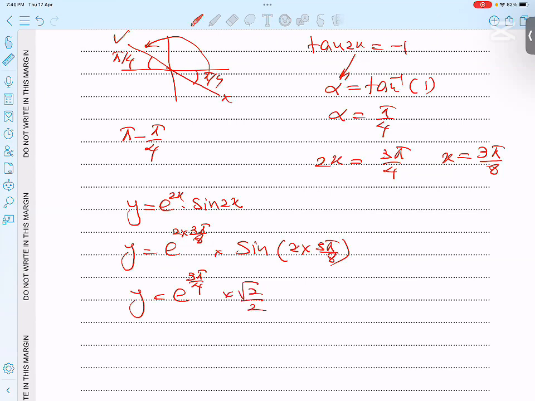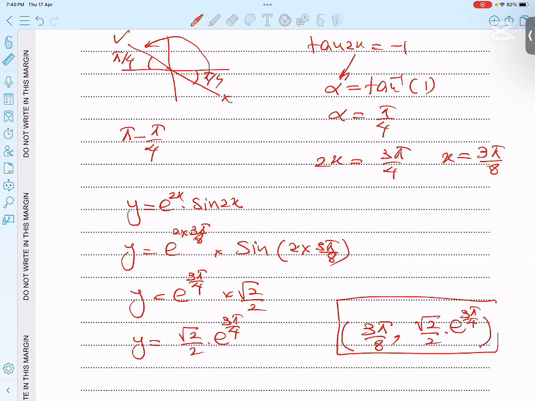So I get root 2 by 2 times e to the power 3 pi by 4 as the y coordinate. So finally 3 pi by 8 and this y value; it is compulsory to write in this format because he asked for the coordinates. I hope the concept is very, very clear.